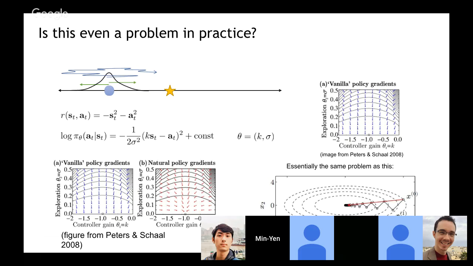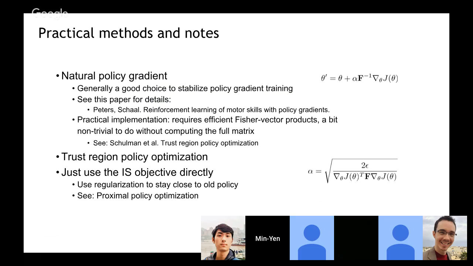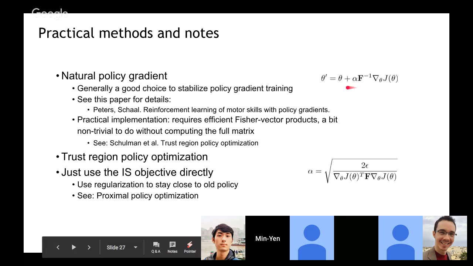So this says that using a natural gradient is even practical. Here he refers to some papers. So this is our natural policy gradient.